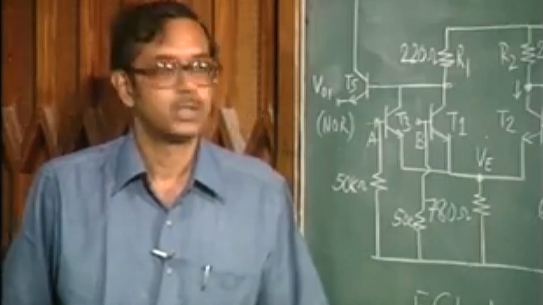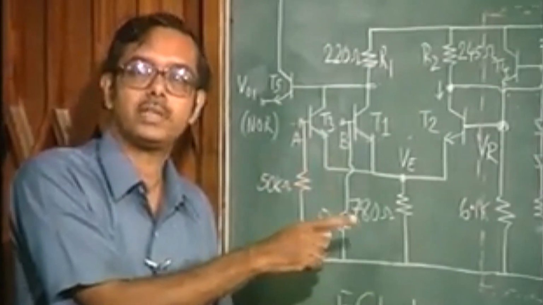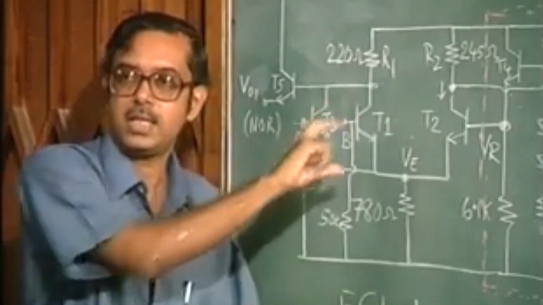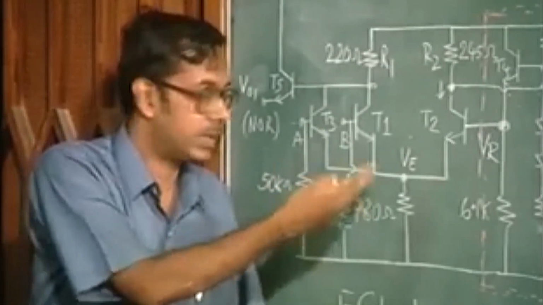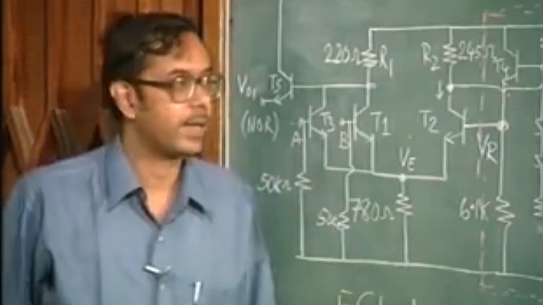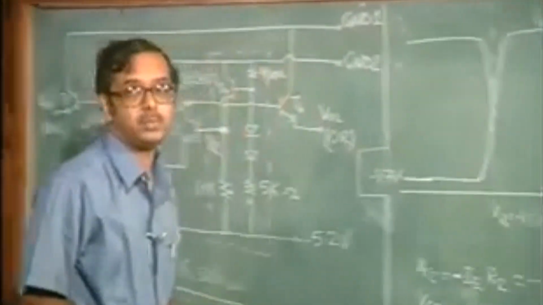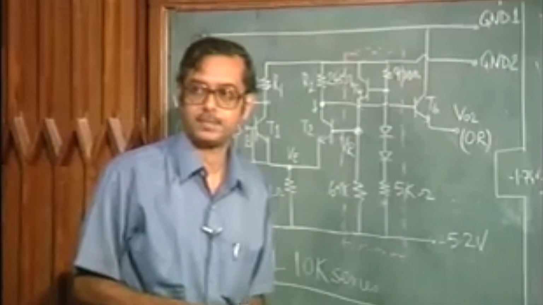So, in this case the transistor is actually going to go to saturation if you go on increasing the input voltage, because the VCE keeps on reducing. This is just like a common emitter amplifier with an emitter resistance.